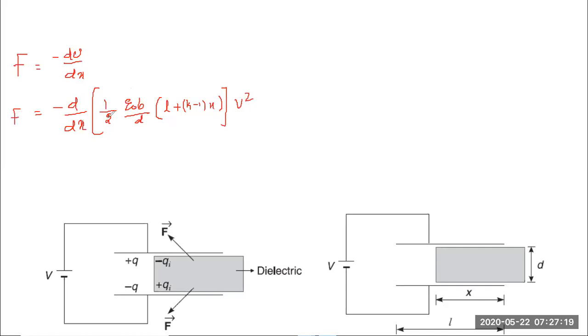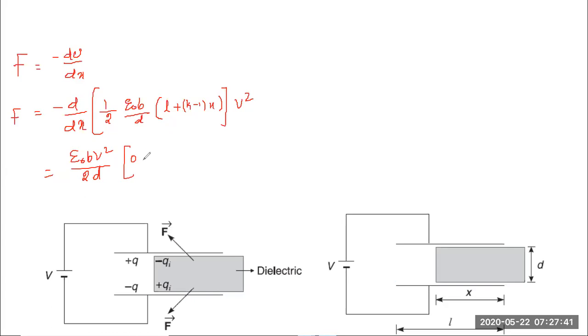Now, if you do the differentiation, V cannot be differentiated. It is constant. Epsilon naught B, all these are constant. So I can write epsilon naught B, V square also outside, by 2D. It remains as it is. Only this portion will get differentiated.